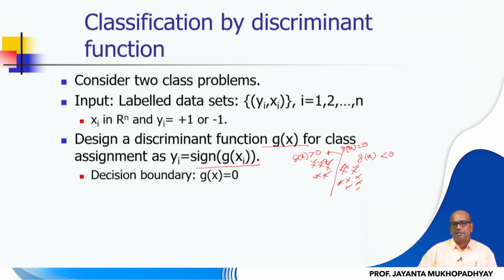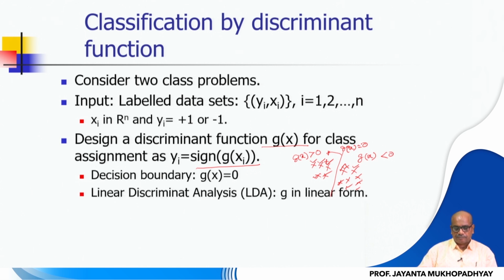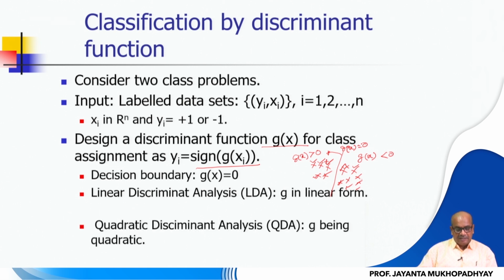Now it's an analytical functional form, and when this functional form is linear, then we say this is a linear decision boundary. So in linear discriminant analysis, we consider g to be in linear form, and in quadratic discriminant analysis, g should be in quadratic form.